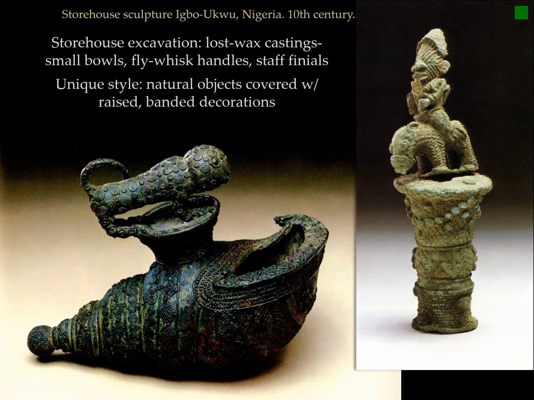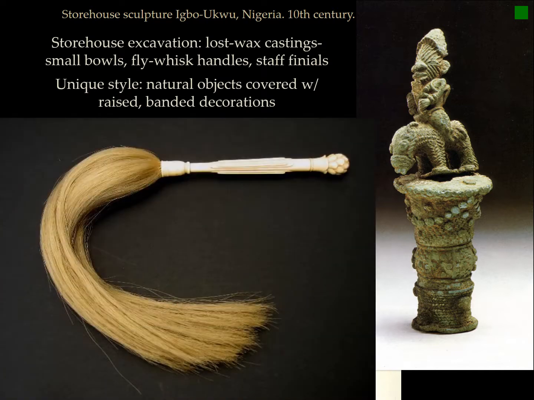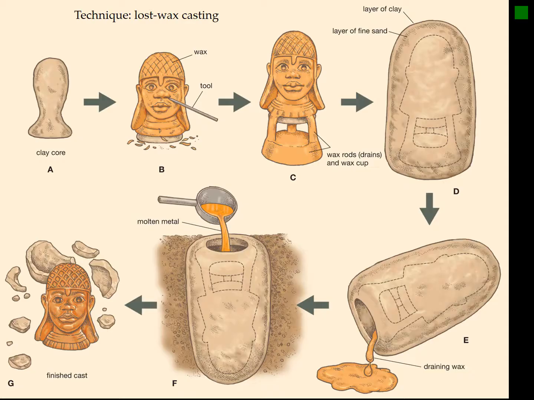They are all going to be designed in this unique style, where we find natural objects are covered with raised banded decorations. Here we have the fly whisk, so common in African art, that is used to shoo away or get rid of flying insects from around oneself out in the open.